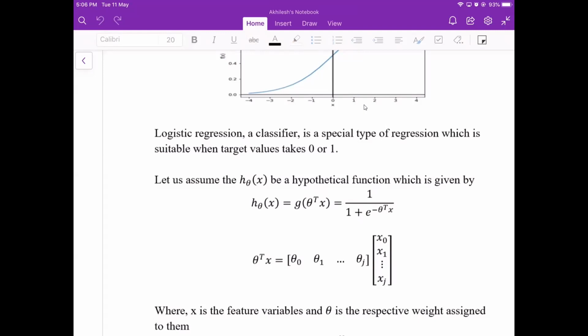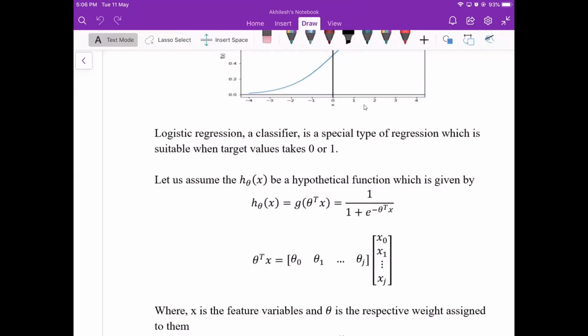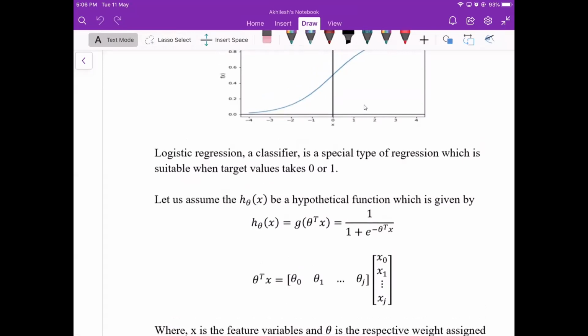If we have just one independent variable and two coefficients, theta naught and theta 1, we can write 1 upon 1 plus e to the power minus (theta naught plus theta 1 x1).